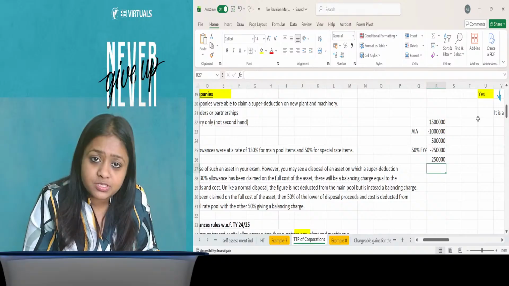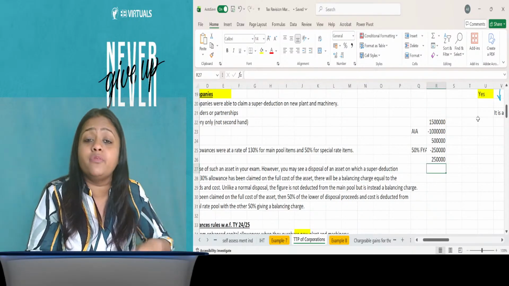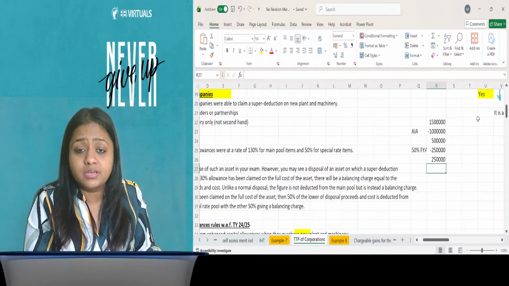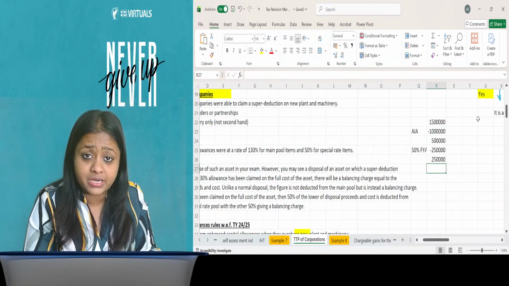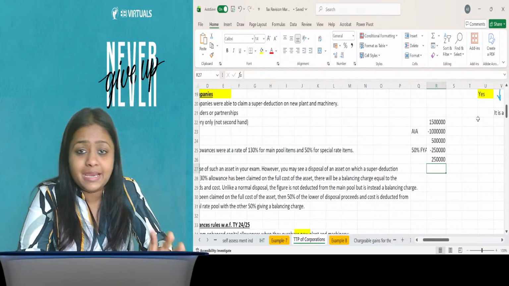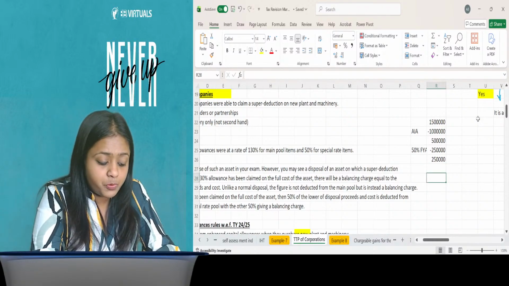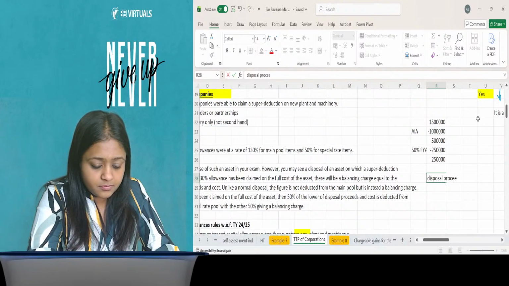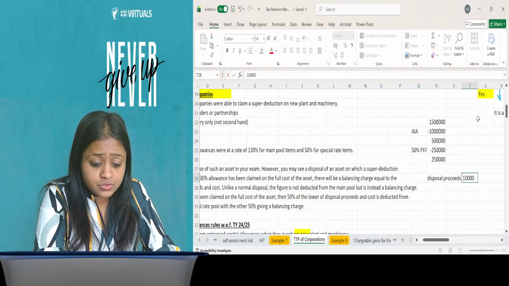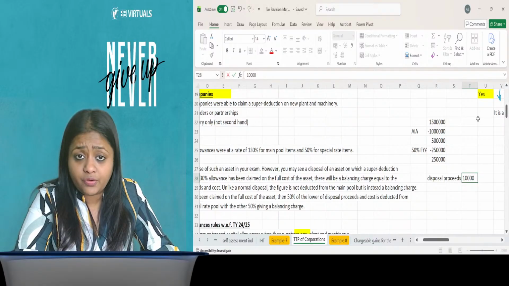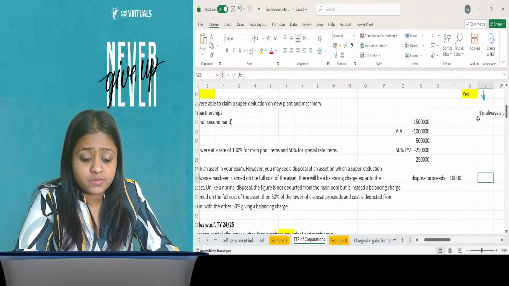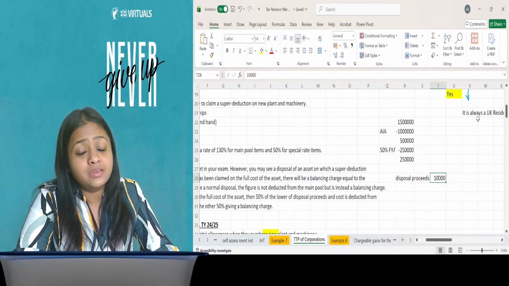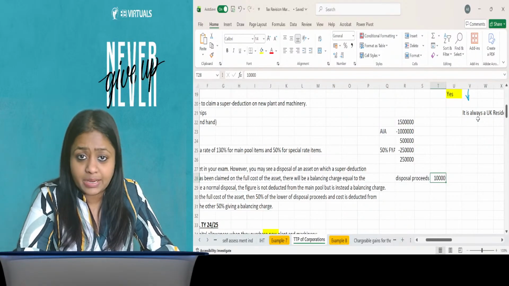Once you get the disposal proceeds, if this is the asset on which you had claimed earlier 130% capital allowance of super deduction, then you will simply take, let's say that the disposal proceeds are 10,000. The lower of disposal proceeds or cost is 10,000, and this is that value on which we had taken 130% super deduction earlier at the time of purchase.